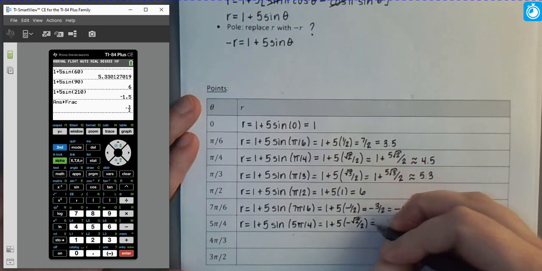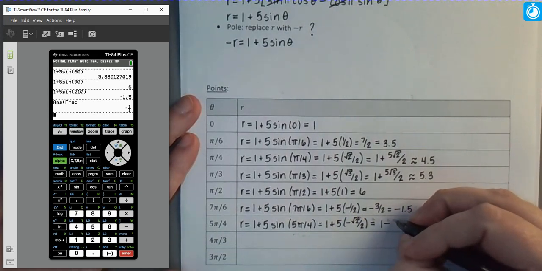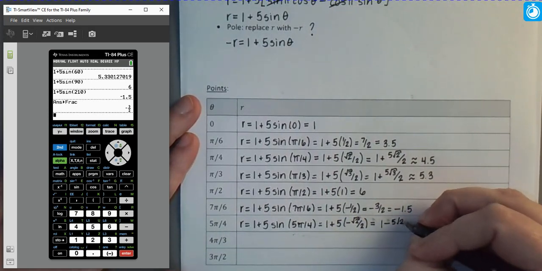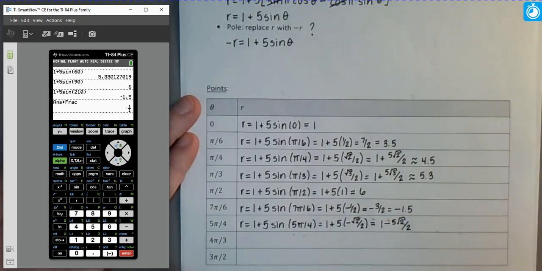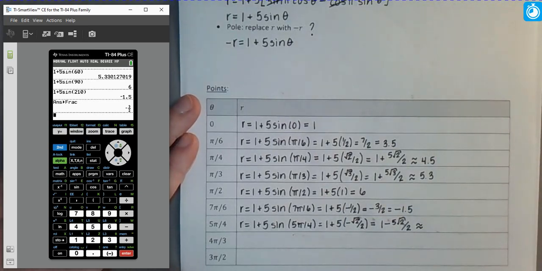If we simplify that and keep it exact, negative times positive becomes negative, so 1 minus 5 root 2 over 2. That's the exact value for r. If we want a good approximation, we can do 1 plus 5 times the sine of 5 pi over 4, otherwise known as 225 degrees. And there we go, about negative 2.5.